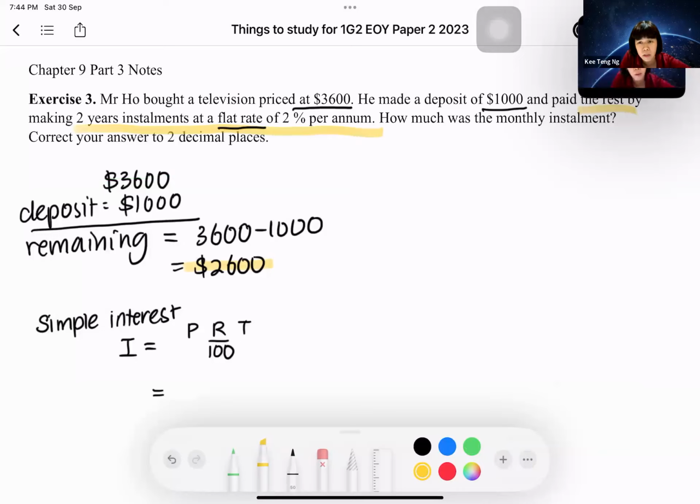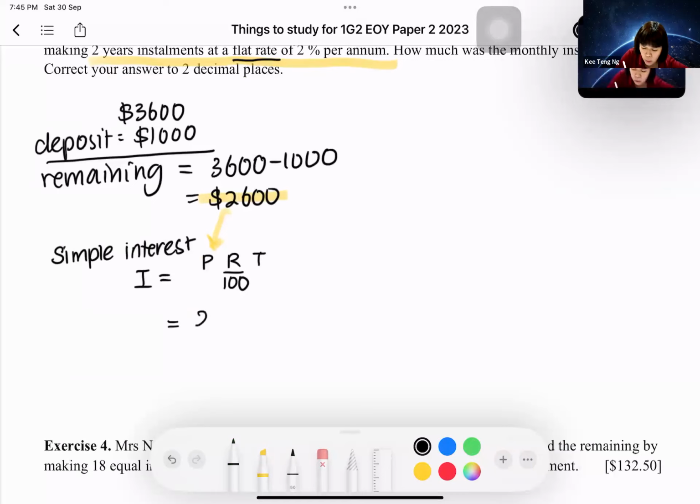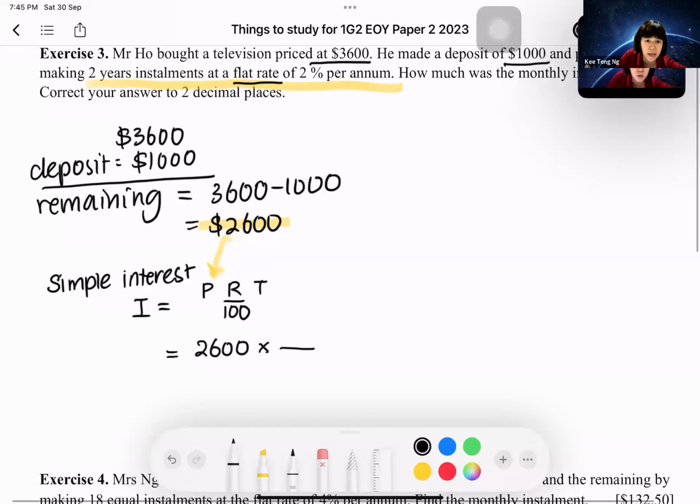I already paid $1,000, so I should not pay interest on the $1,000. So I should just pay interest for the amount that I have not paid. So this amount is going to be my letter P. So this is my principal amount that I owe. That will be 2,600. Okay, times an interest rate. Anyone can tell me which one is the interest rate? Which one is the interest rate?